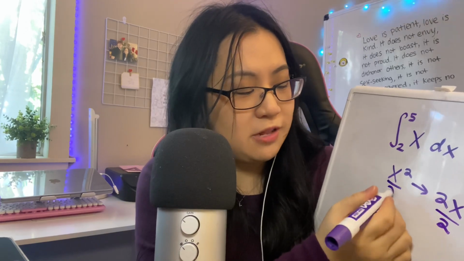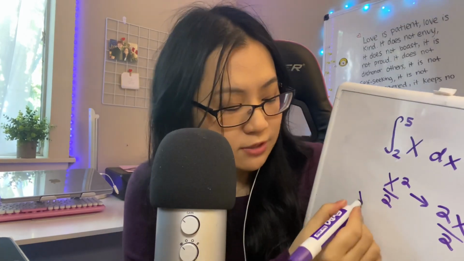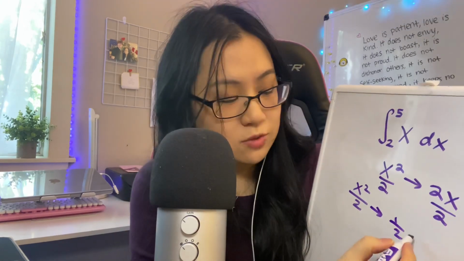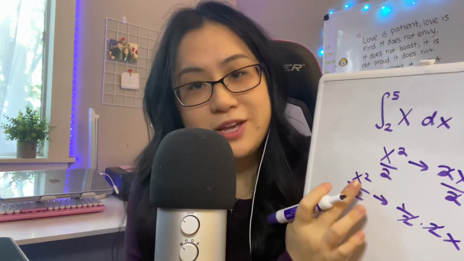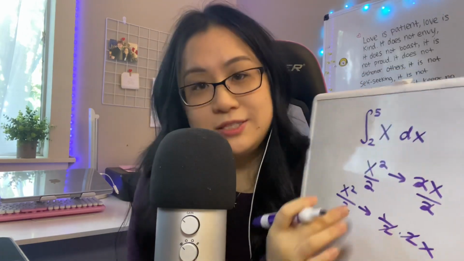I'm allowed to do this because the derivative is linear, so I can take the derivative of x squared over 2, and that would be 1/2 times the derivative of the x squared part, which the 2's cancel, which is nice because that gives us the x. So I'm left with x squared over 2 is the integral of x.